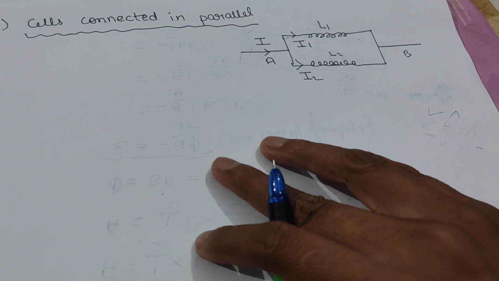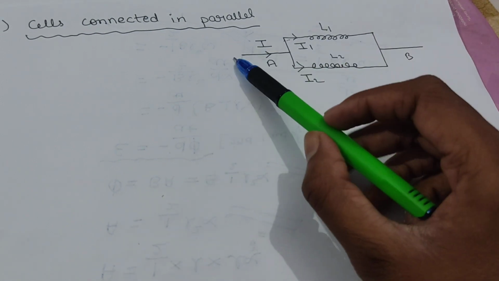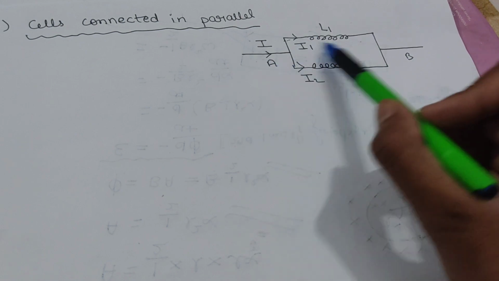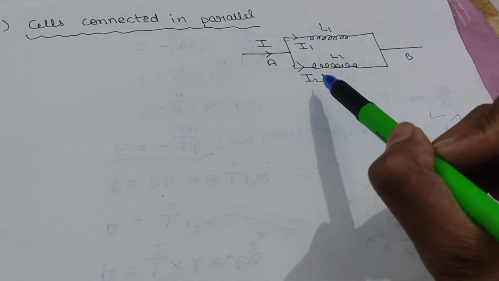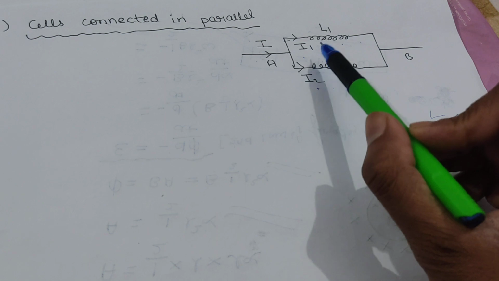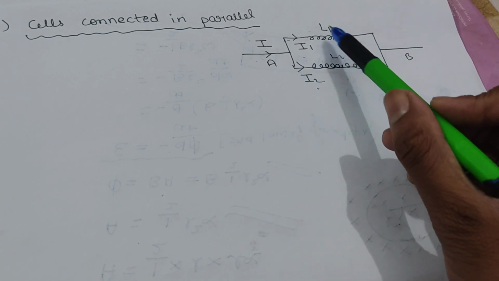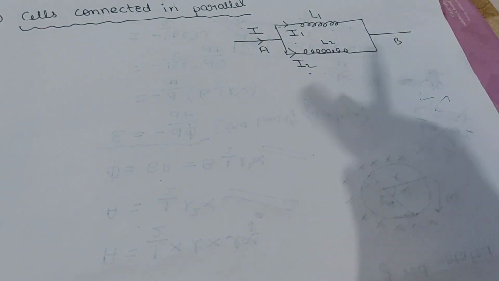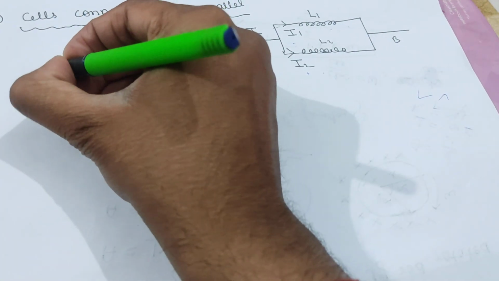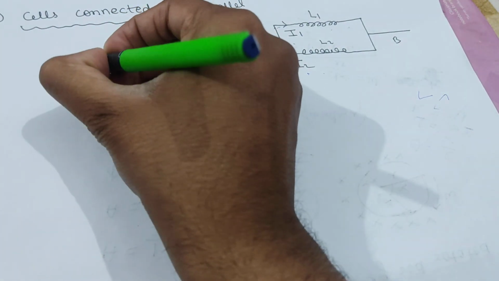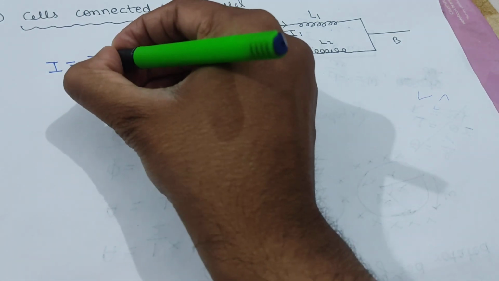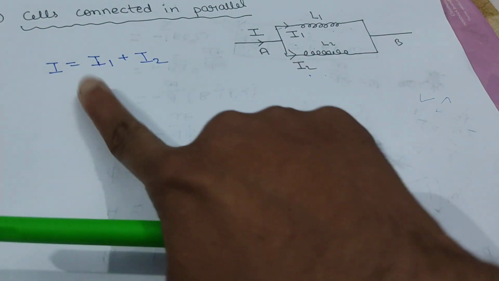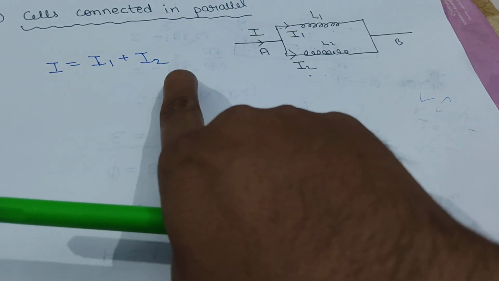If we pass the current I from A to B, the current will divide into I1 and I2 through L1 and L2 respectively. Since these are in parallel, the current I is equal to I1 plus I2.